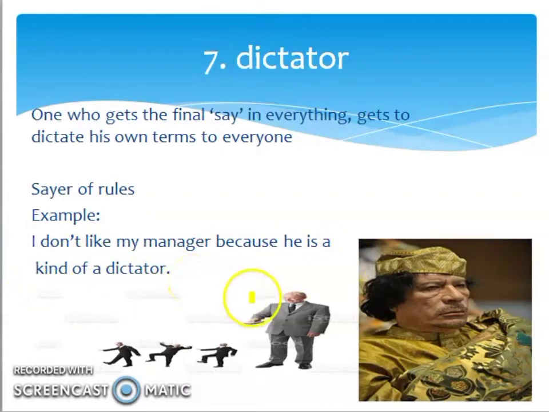So, a dictator is someone who doesn't want others to speak, so he dictates to them, and what he says he considers should be the final say, right? Someone who doesn't listen to others, and he just says his own words, is a dictator, right?